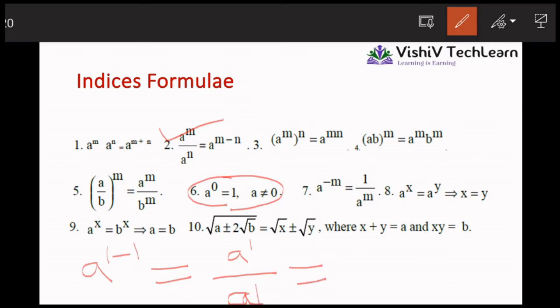We can cancel a raised to 1 with a raised to 1, and the answer comes to be 1. So this is the logic: a raised to 0 equals 1, provided a should not be 0. If it becomes 0, then we have 0 upon 0, and the answer is indeterminate.